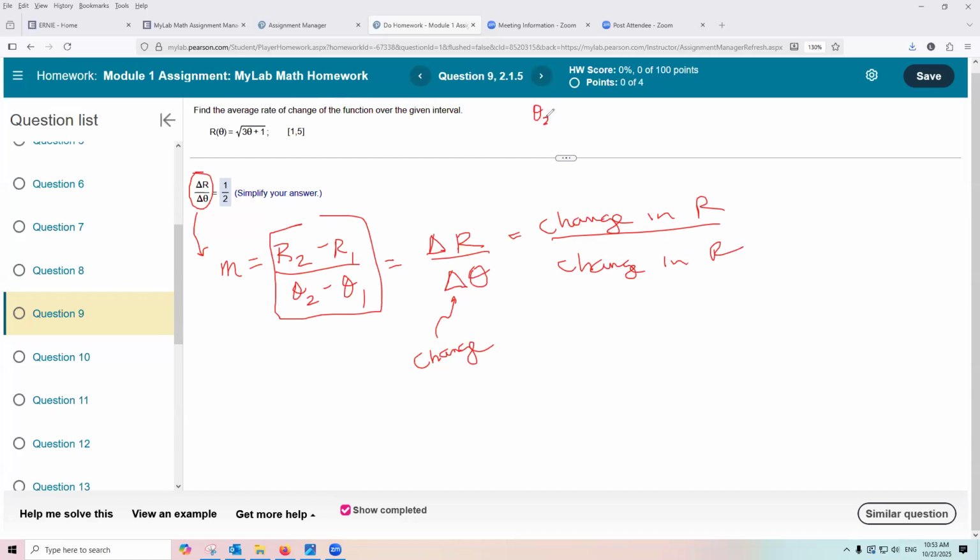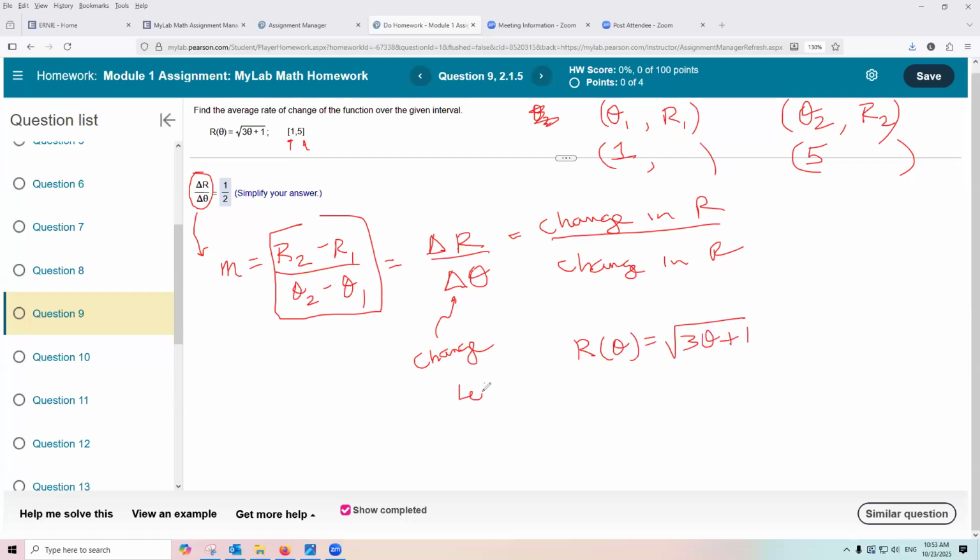All right, so let's write 2 points. Then we need theta sub 1, r sub 1, and we need theta sub 2, r sub 2. Well, they're giving us the theta values, 1 and 5. So 1 is theta sub 1, 5 is theta sub 2. Now we need the r values. Well, let's use r of theta equals the square root of 3 theta plus 1. Let theta equal 1 for that first point.